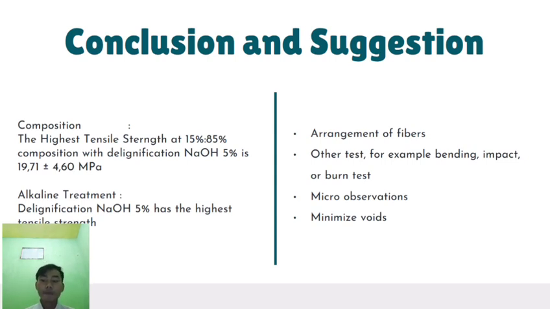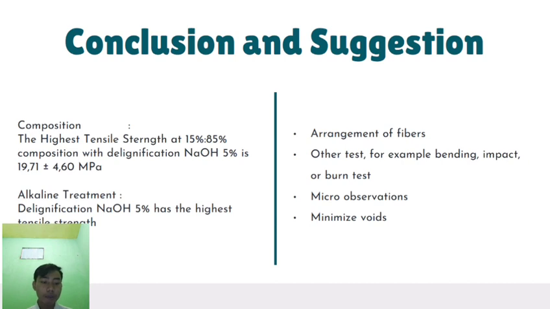Suggestion. First, arrangement of fiber. In future research, the arrangement of fiber can be done using other methods of fiber placement, such as woven or continuous. This refers to the water reed fiber itself, which has a segmented stem structure and is easy to shape. Second, other tests, for example bending, impact, or burn tests.